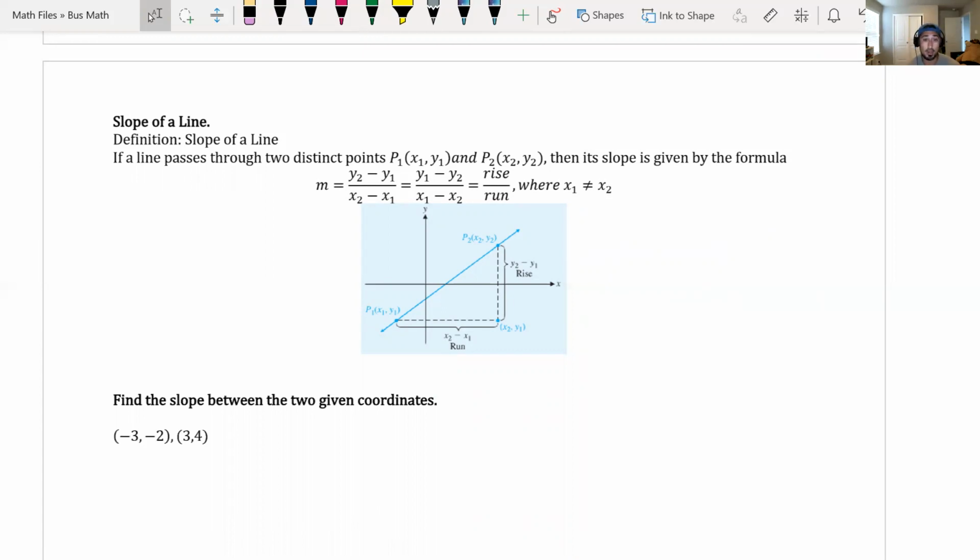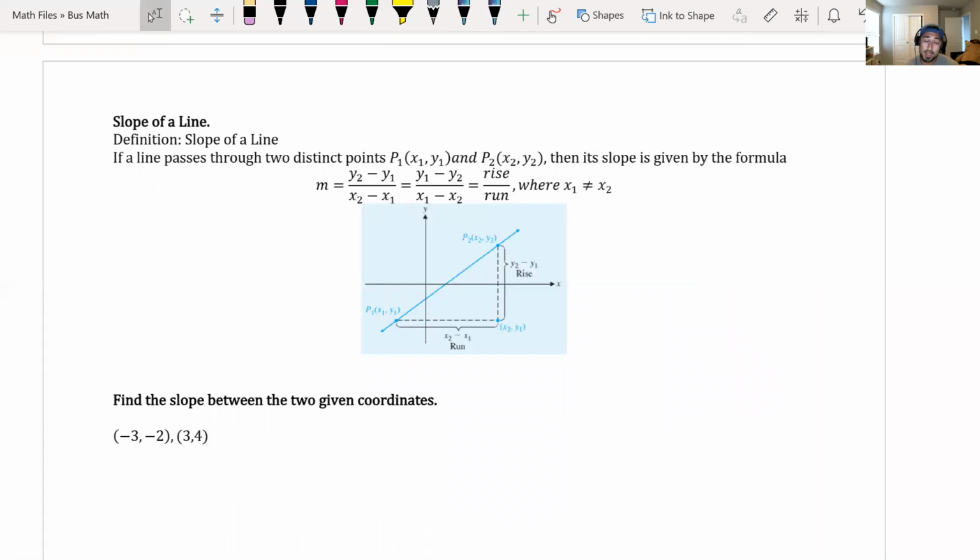Rise over run. Of course, the x values cannot be equal to each other, or we run into a problem. The slope determines how your line will go, whether it's positive or negative.